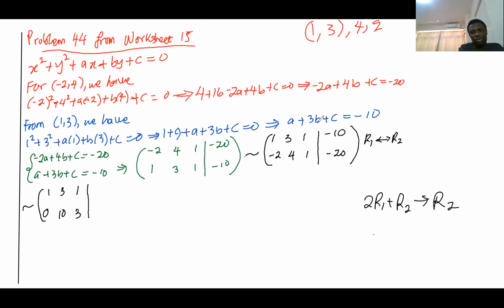Multiply that by 2, that's negative 20, and add, that's negative 40. So what we did here was to multiply row 1 by 2 and add to row 2. And that is our new row 2. Understood? Let me know if there's an error so far.